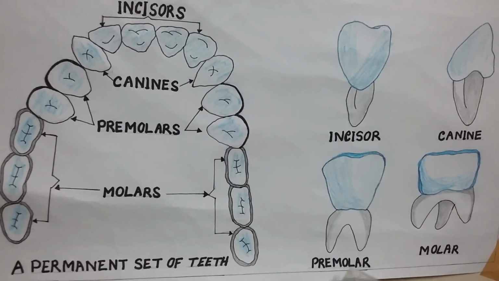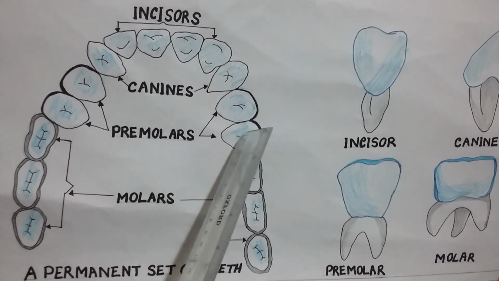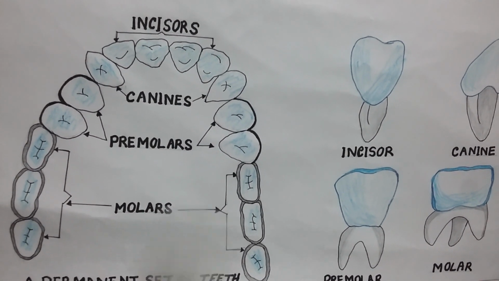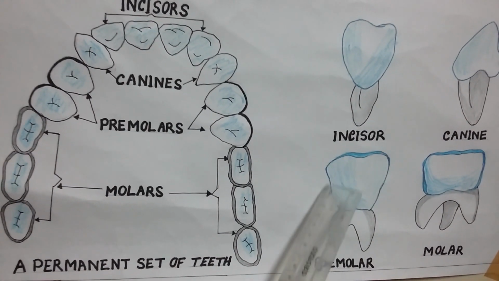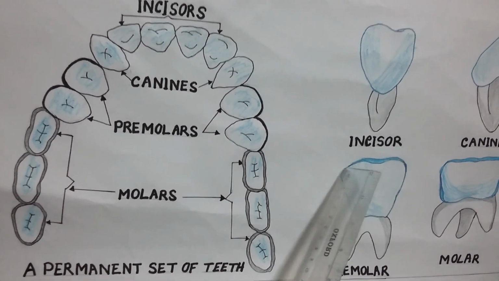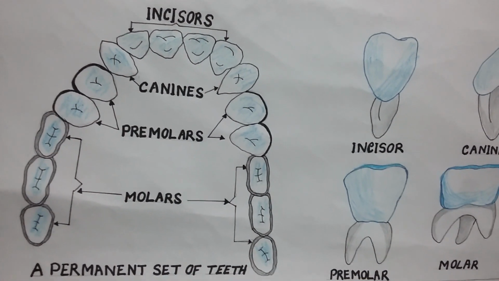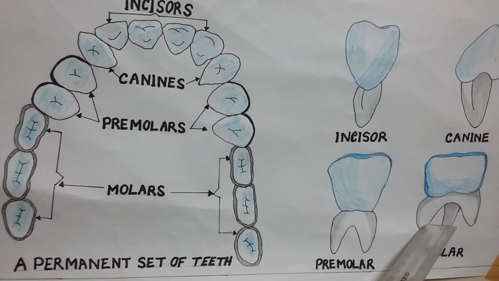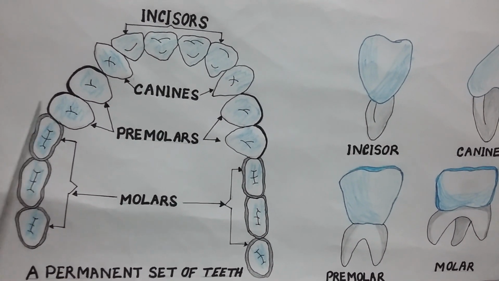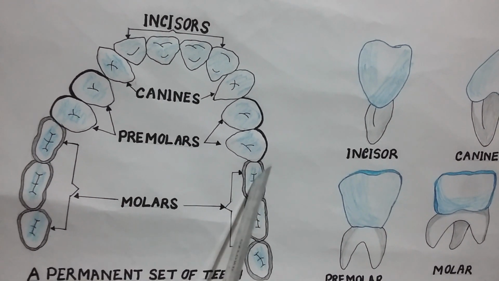Number 3 is premolars. There are two premolars next to each canine. These have a broad flat grinding surface. They grind food and break it into small pieces. The last one is the molars. The remaining teeth in each jaw are 3 molars on either side. 1, 2, 3 on one side, another side 1, 2, 3.